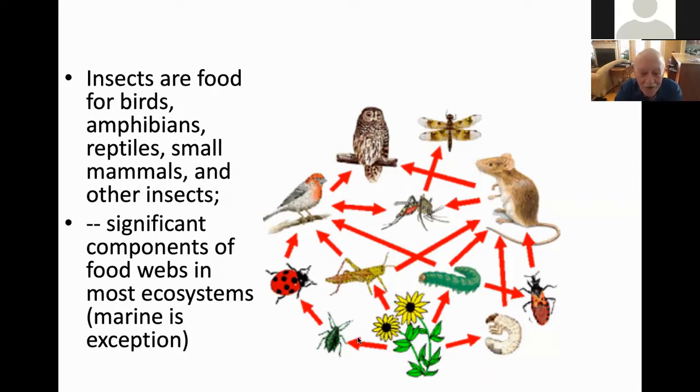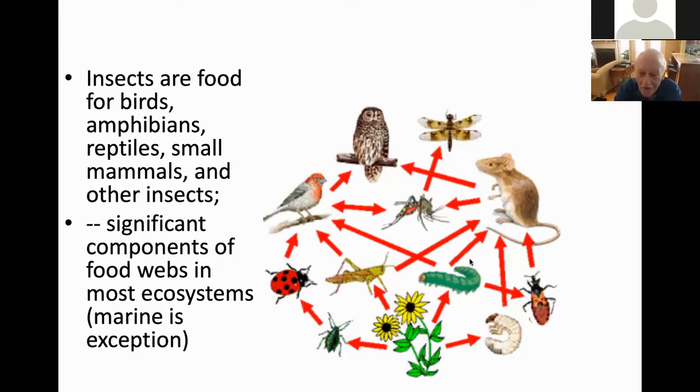But anyway, plants are the basis of life, getting their energy from the sun, of course, through photosynthesis, and then they are fed on in turn by a whole host of herbivorous insects. And these are just a few examples: caterpillars, grasshoppers, aphids, grubs, and so forth.